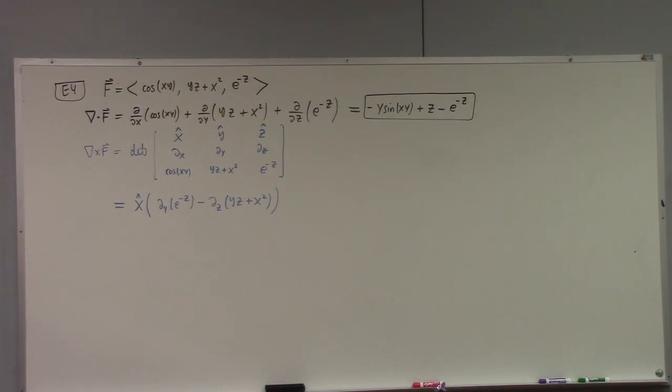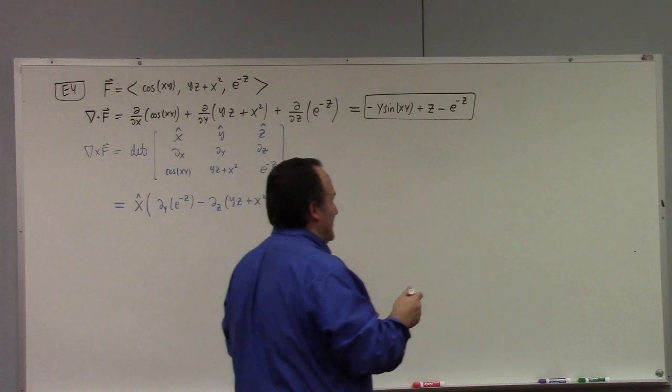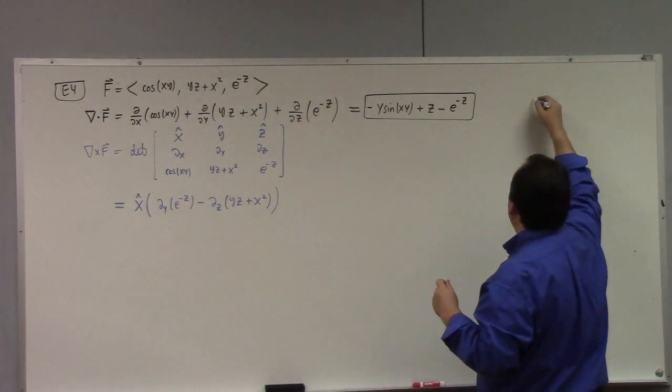But here, you have to do the second row first, followed by the third row, because we want the partial derivatives to act on the functions. And the opposite way is not the same thing. All right? Do you guys understand what I'm getting at here?